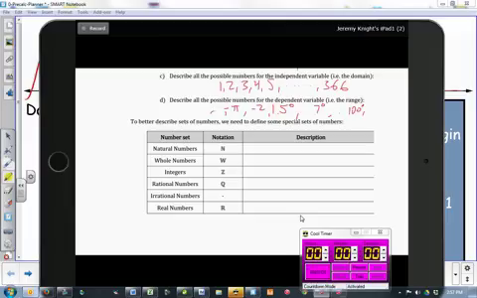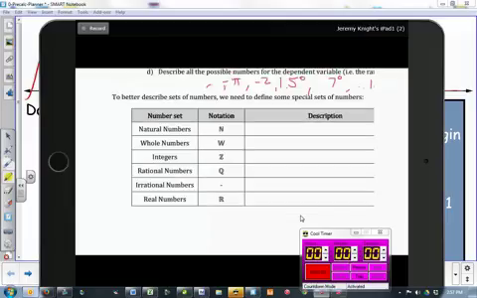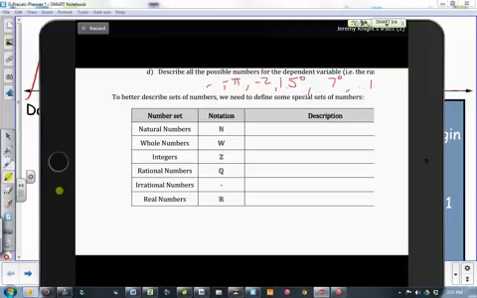All right, so let's see what we came up with. Natural numbers. What in the world are natural numbers? Natural numbers are the numbers that you naturally learn when you're a kid.